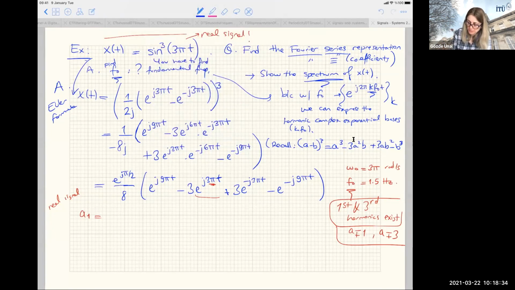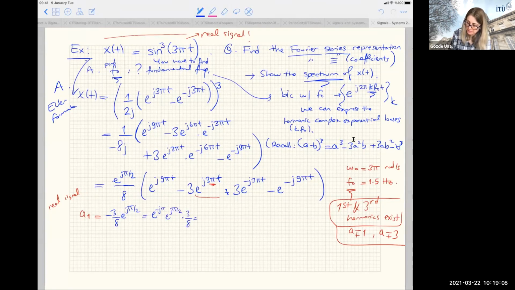So maybe for your notes first write the full thing, but then minus 1 is e to the j pi. I could have kept it as e to the minus j pi. I guess I did it in that way. Guys, let me then write it, because I can write minus 1 as either e to the j pi or e to the minus j pi, times e to the j pi over 2 times 3 over 8.